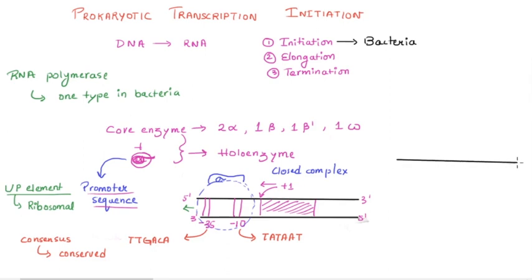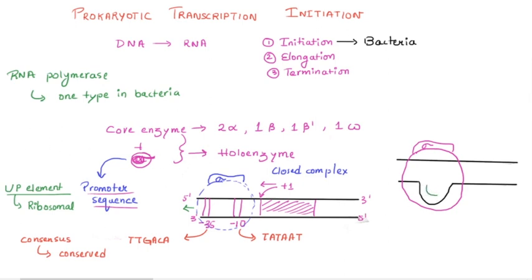Now, when the RNA polymerase starts to synthesize RNA, the DNA would denature a little bit, and the RNA polymerase, along with the sigma subunit, would synthesize a little bit of the RNA.